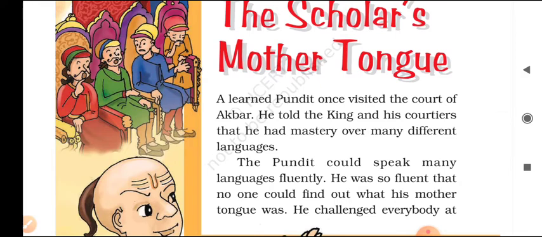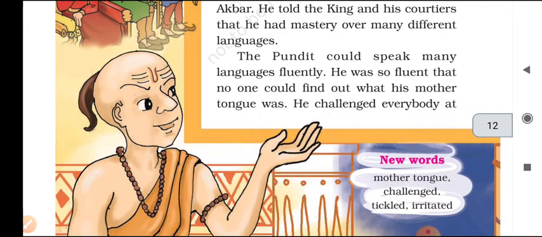A learned Pandit once visited the court of Akbar. He told the king and his courtiers that he had mastery over many different languages. The Pandit could speak many languages fluently. He was so fluent that no one could find out what his mother tongue was. He challenged everybody.